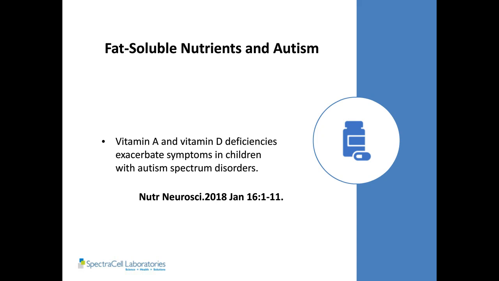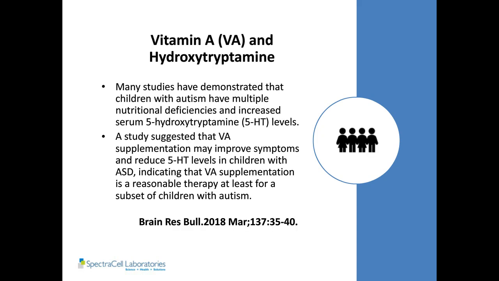What might be part of the role with vitamin A in this particular condition? Well, it has to do with hydroxytryptamine. And as you know, 5-hydroxytryptamine is serotonin. So we know that this particular nutrient may help modulate or control this particular product, and it may, once again, have an effect on these individuals. The other thing that we have to keep in mind is vitamin A is essential for epithelial regeneration.